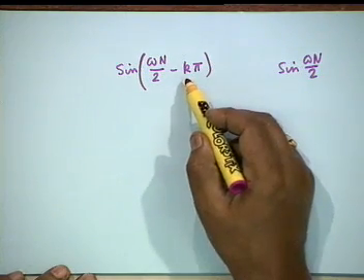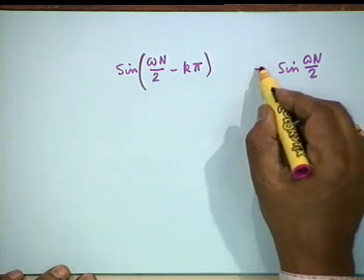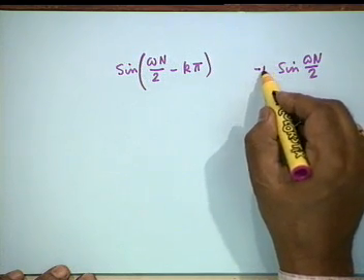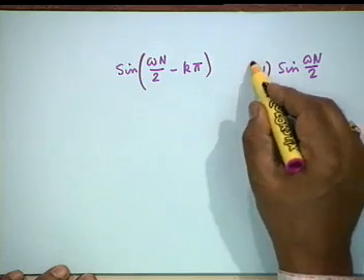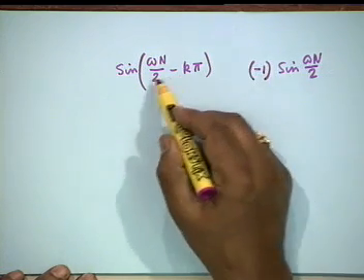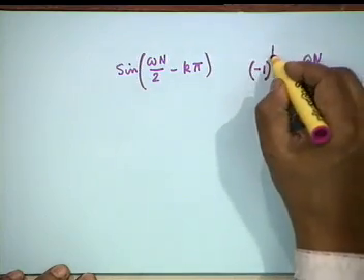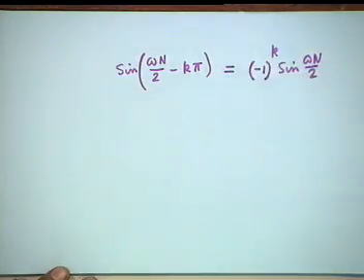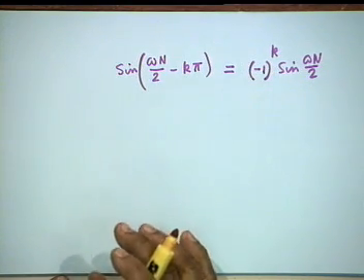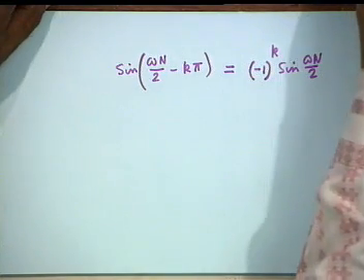When k is 1, it is equal to minus of this. When k is 2, it is again plus, and therefore this is equal to minus 1 to the power k sine omega N by 2. Is that okay?